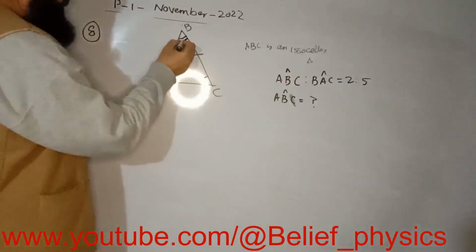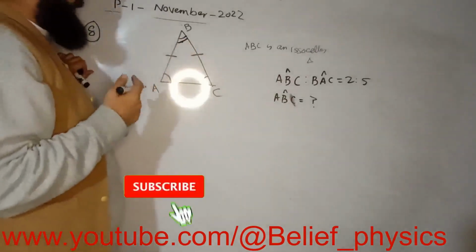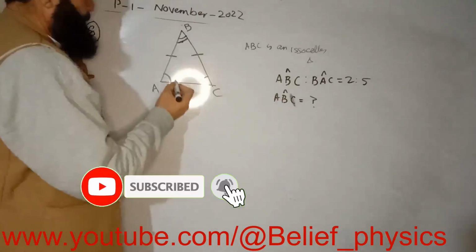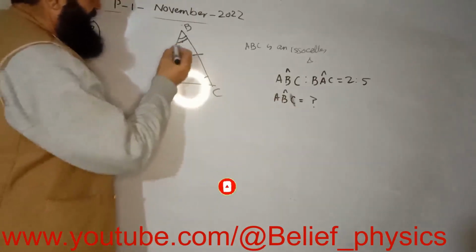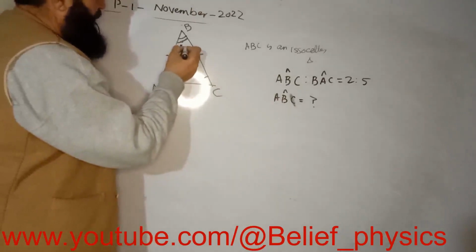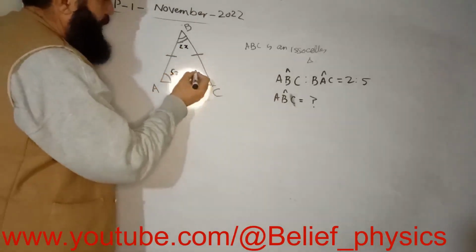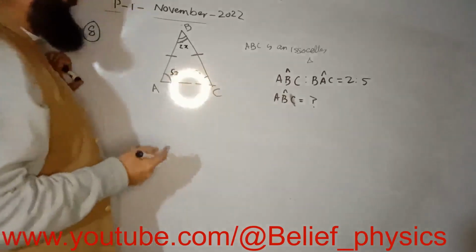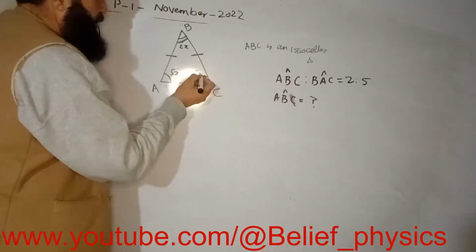They have ratio 2:5, you can put it like that. ABC to BAC: if it is 2x, then this is 5x, and this will obviously be 5x because it is an isosceles triangle. Opposite to equal sides, angles will be equal.